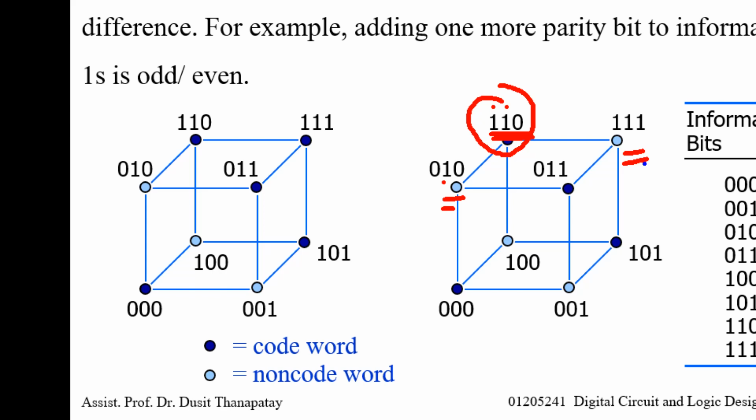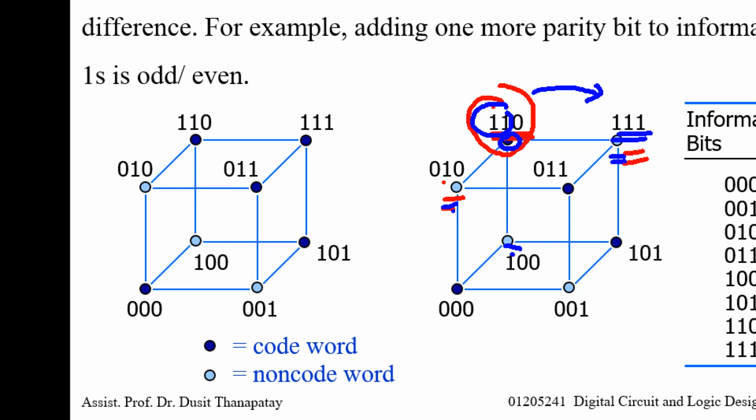If you define the code words with an even number of logic 1s, then if a 1-bit error occurs, you change from an even number of logic 1s to an odd number of logic 1s.